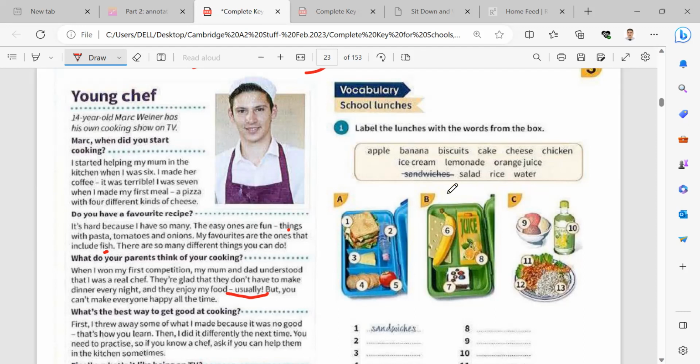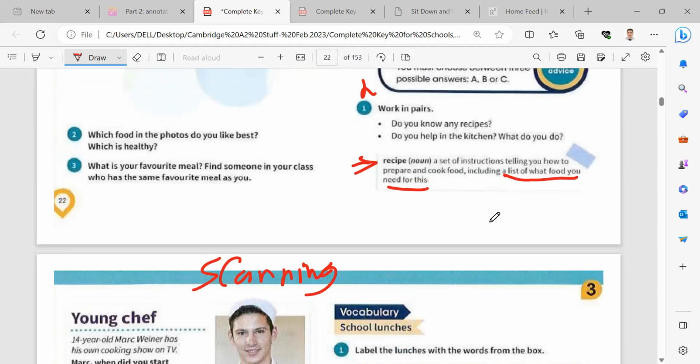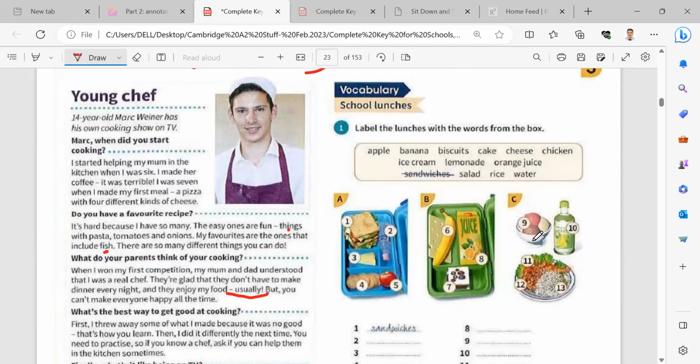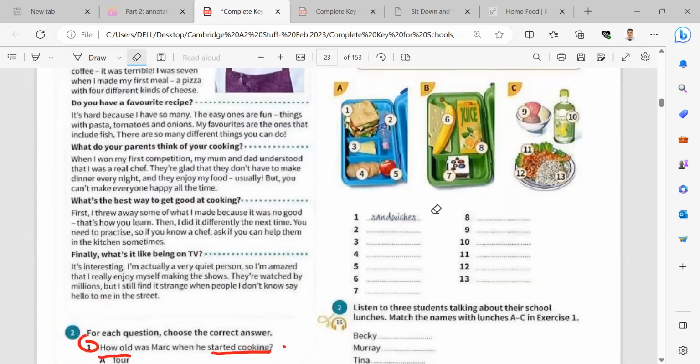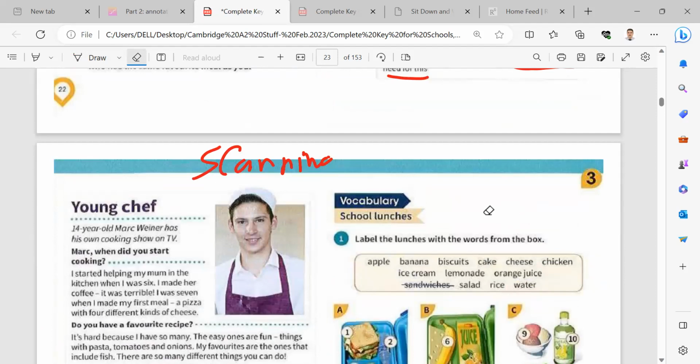Right. So now, Nawaf, it's time for vocabulary. Actually, this is really important because our next grammar lesson is based on the vocabulary. So please pay attention to the vocabulary, especially the plural and singular nouns.